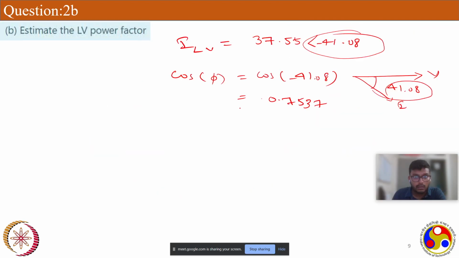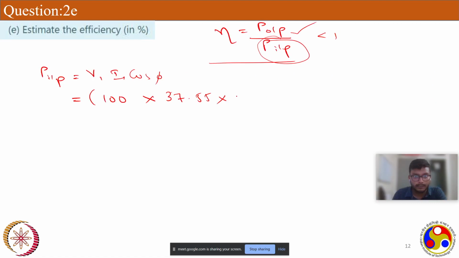This is the input power factor. So how much is this input? 100 into 37.55 into 0.7537 gives 2830.1435.